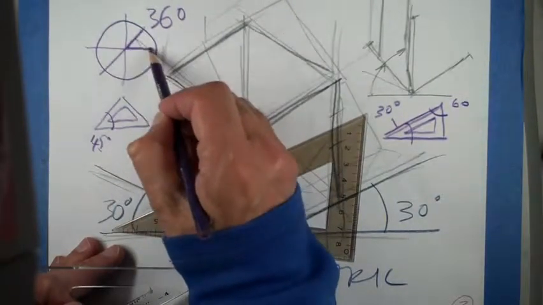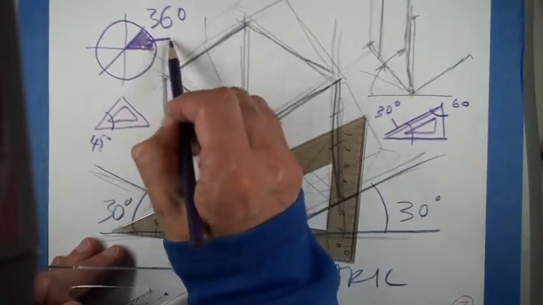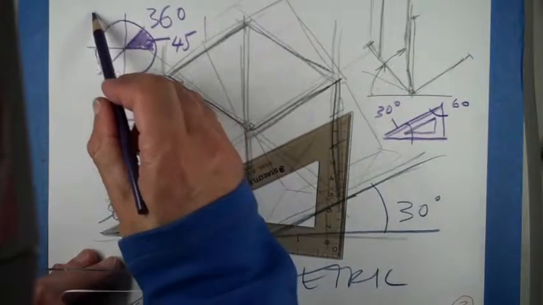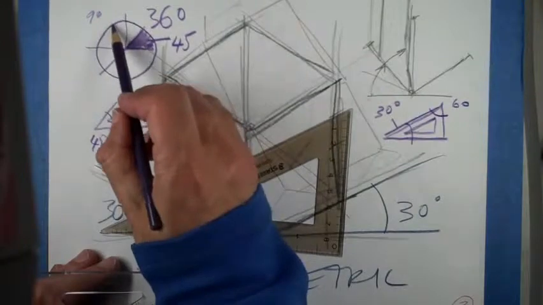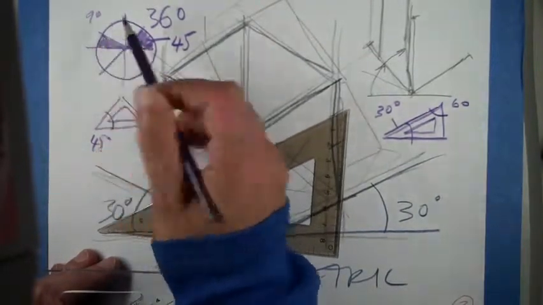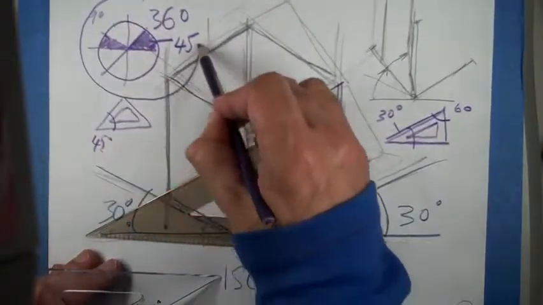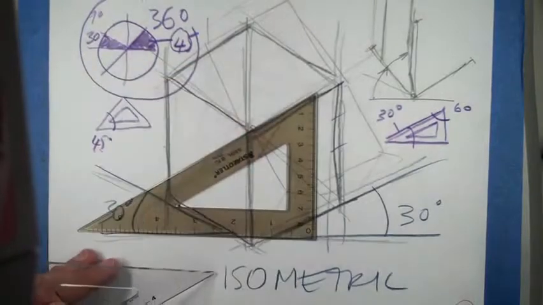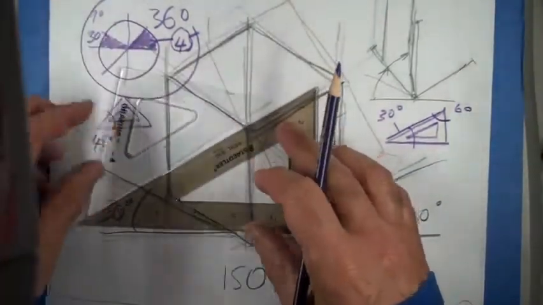So this one is 45. And then at 30 degrees, since this is 90, it would be here. Okay, so that's the set.